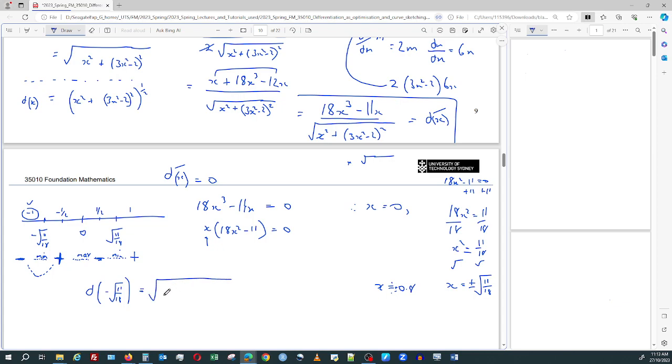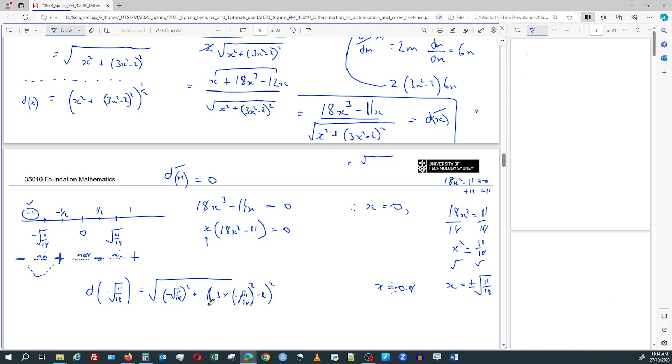So we'll get the square root of minus the square root of 11 squared plus 3 times 18 squared minus 2. That's all squared, isn't it?